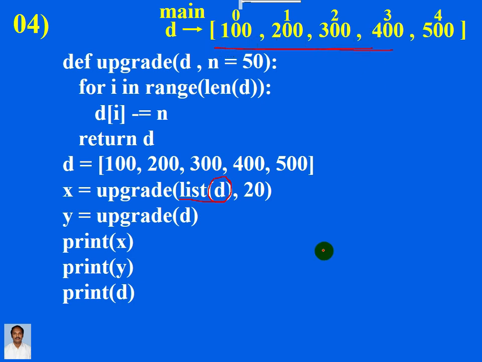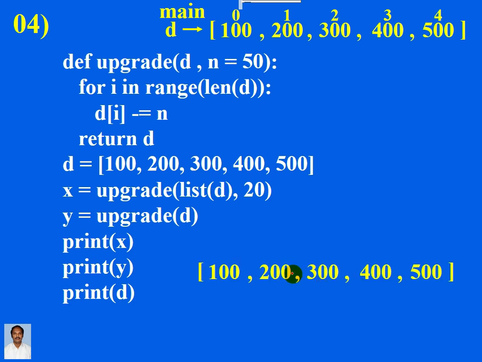So this content is copied to a different memory location, and here you can write down the indices. This deep copy is passed to variable d, so this d is pointing to this deep copy. Now let me write, this is d of the function upgrade.